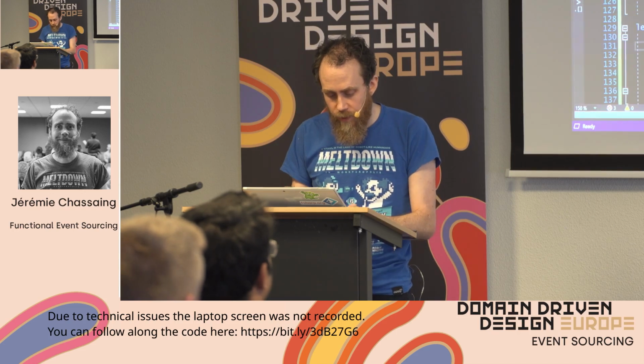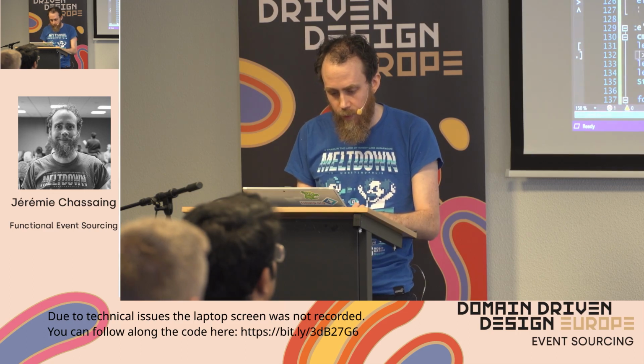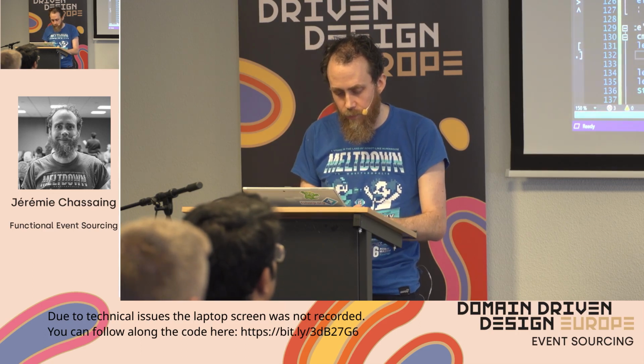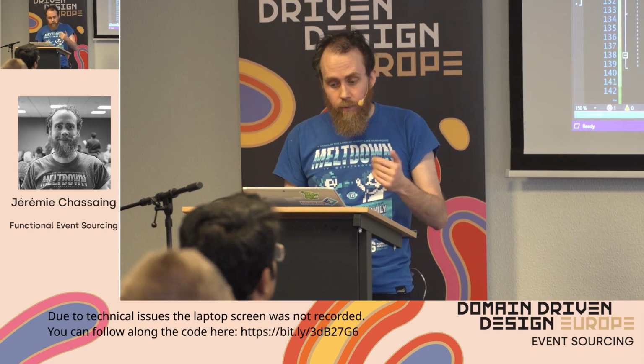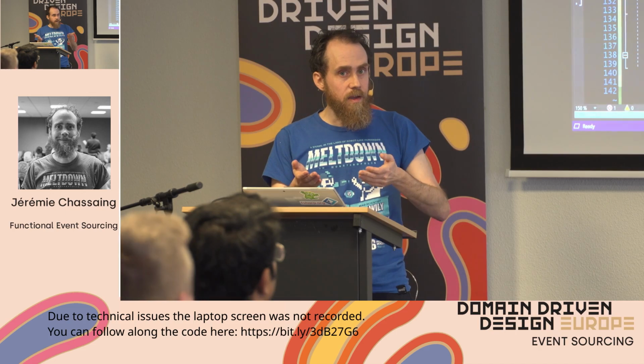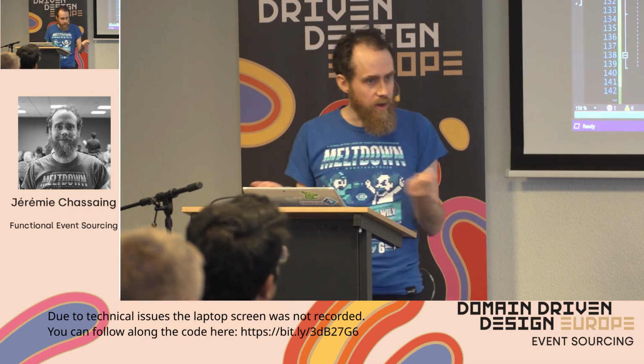So I will say load, and if you have no state, Option.defaultValue, use the initial state like that. Let me reformat it to fit on the screen. So here I have my load function that, if it can find a file that contains the state, loads it, deserializes it, and returns it.